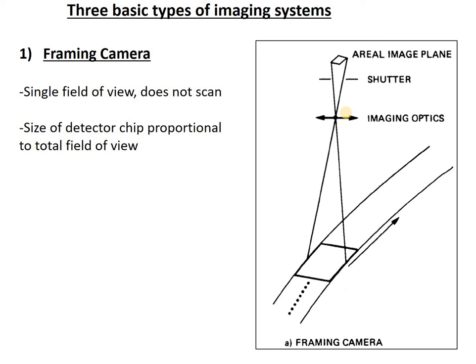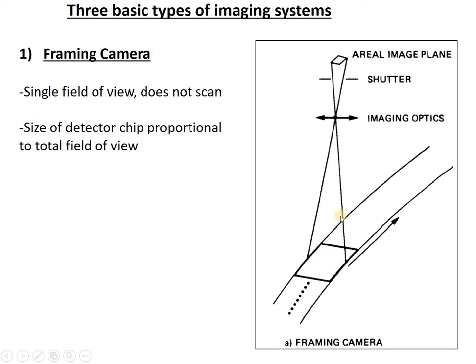One is a framing camera. I don't believe any modern sensor systems are truly framing cameras, but it is a convenient starting point. Essentially, your swath width and your instantaneous field of view are the same.